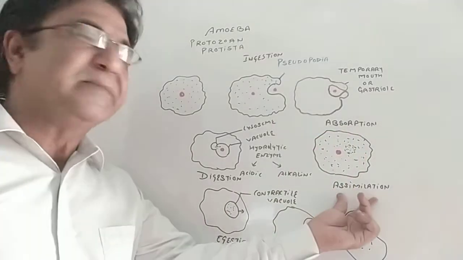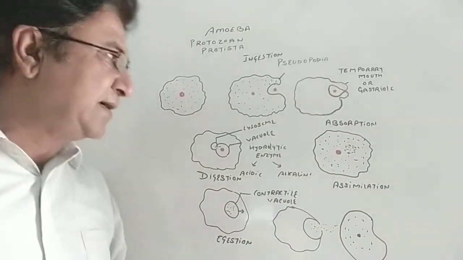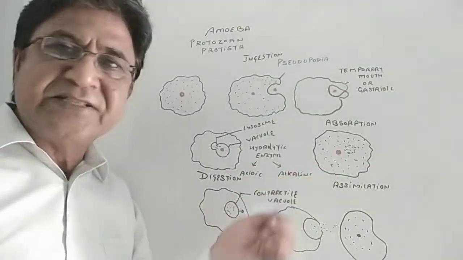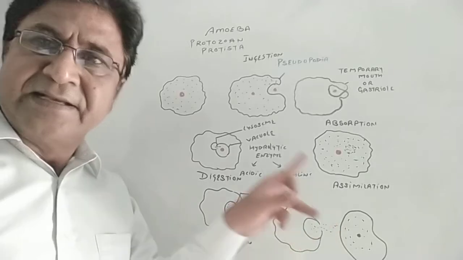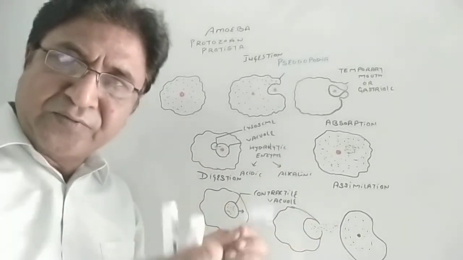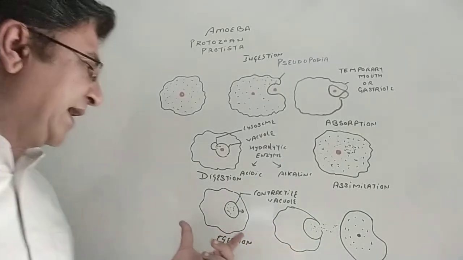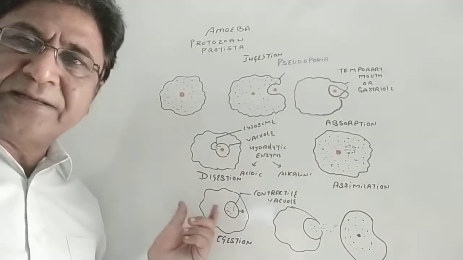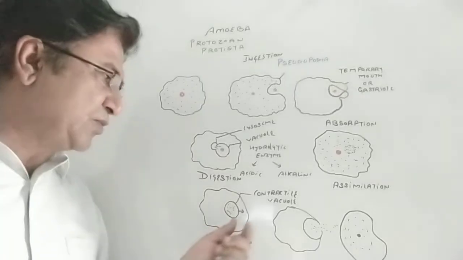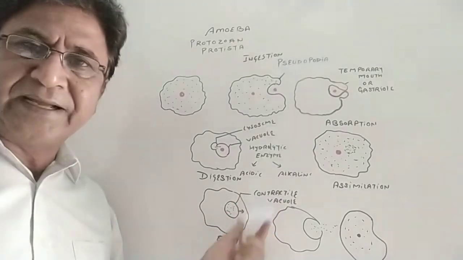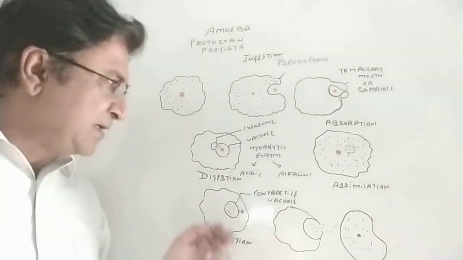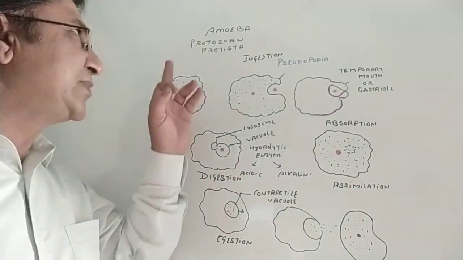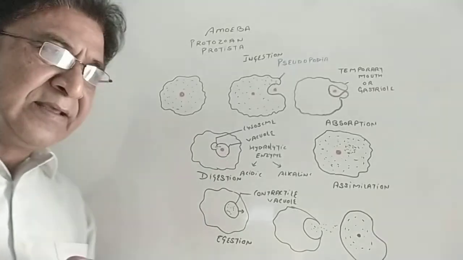When it becomes part of the protoplasmic content and is used for repair, growth, and also for production of energy, it is called assimilation. Some part of the food is also stored. And then, by metabolic function, wastes are produced, which are taken out of the body by the contractile vacuole. So these are the 5 steps which occur in holozoic nutrition, especially as we are discussing in amoeba.